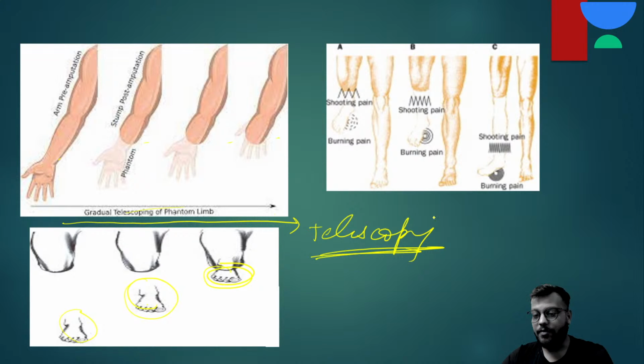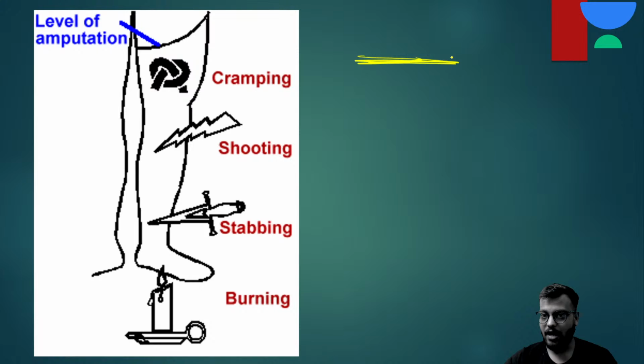Okay, and remember that at the level of the amputation you will also have pain, but that is due to surgery, and that is intense pain. Okay, see like this, that is intense or shooting pain.